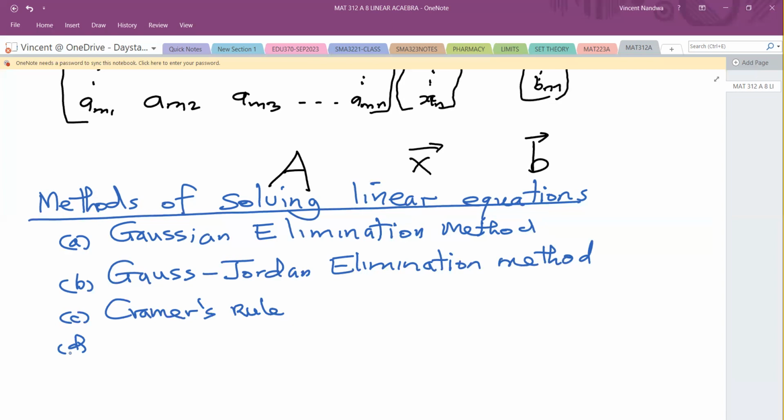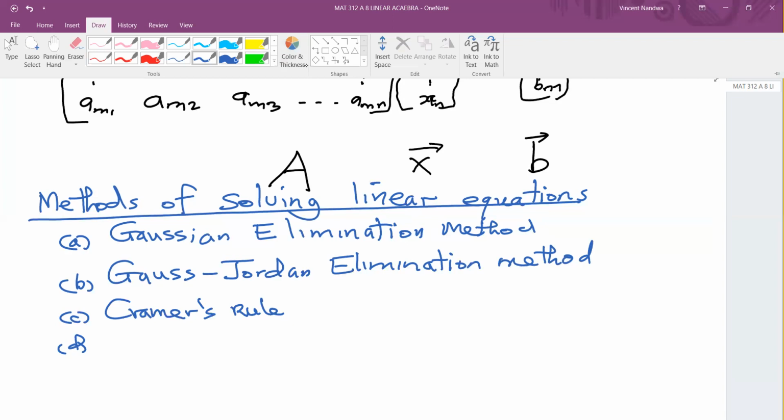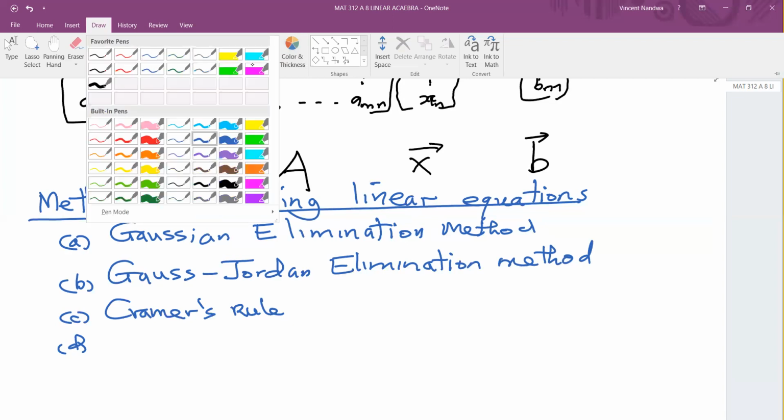We also have what we call Jordan's method. Then we can also use what we call LU factorization.